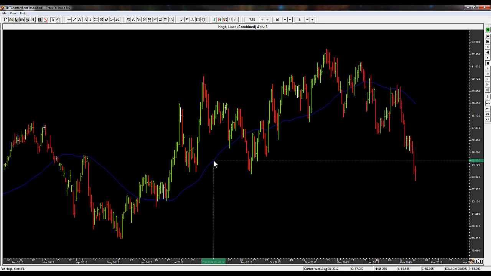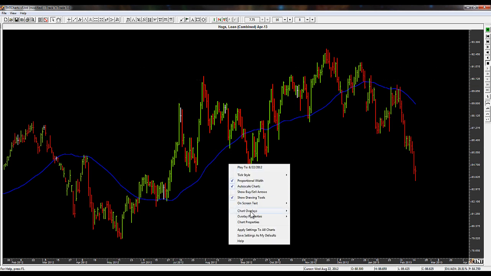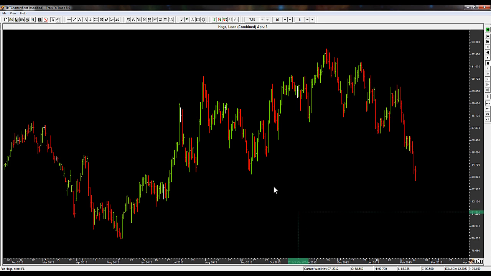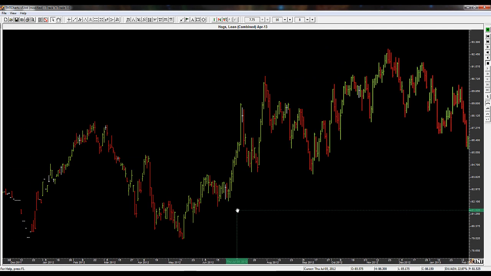And like I said, you can even do this without anything on your chart. Let's take that off. Take the moving average off. There we go. So here we have a totally blank chart. Let's start here at this area of support and resistance.